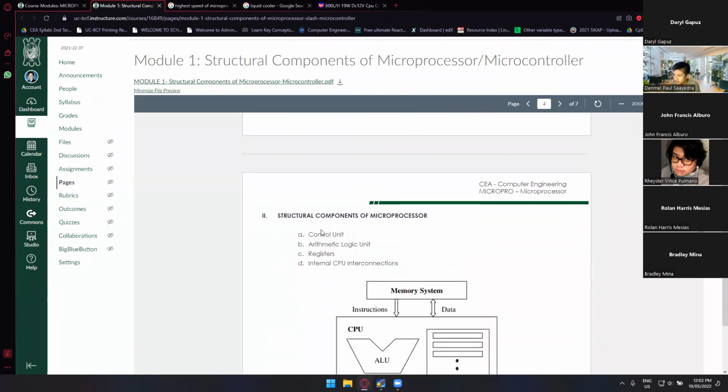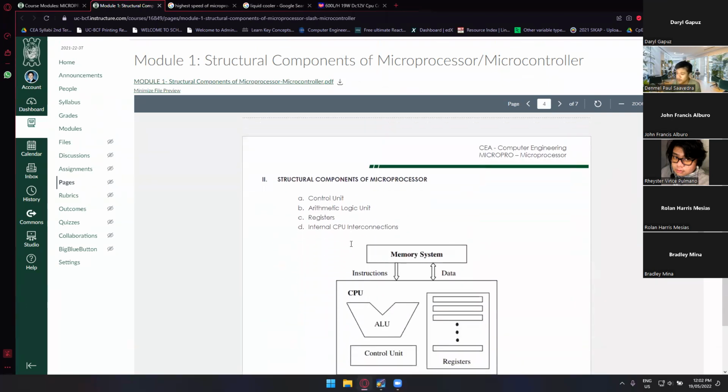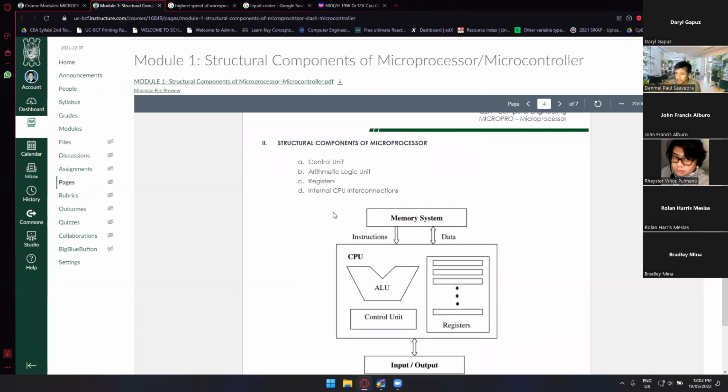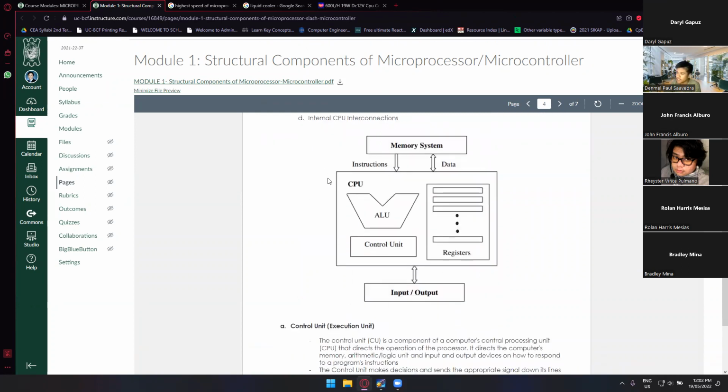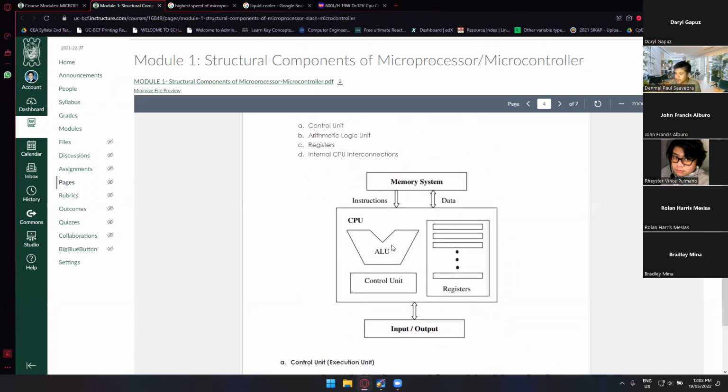And here are the structural components of a microprocessor. Number one, we have the control unit. Second, we have the arithmetic logic unit or the ALU. And then we have the registers, internal CPU, and the last one is internal CPU interconnections. Basically, this is where the processors are being made, and this is the one controlling whatever input or output is happening.